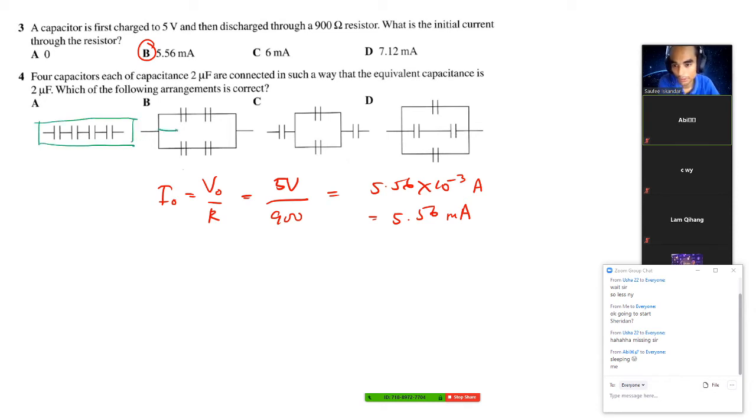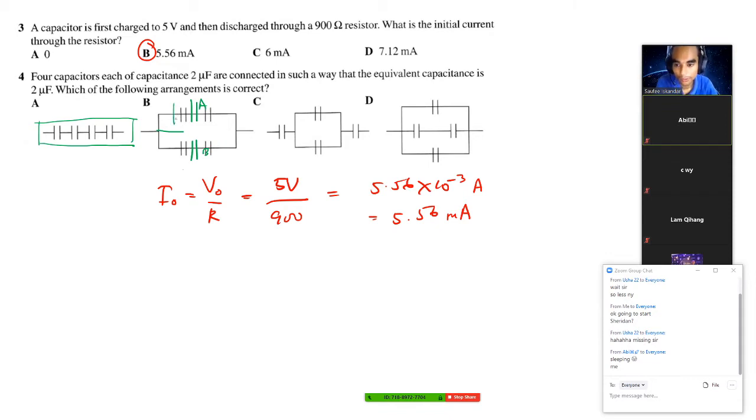For B you have to make the equivalent for the above first, the equivalent for left and right, and the equivalent for left and right, and then you combine these two, A and B, as a parallel.